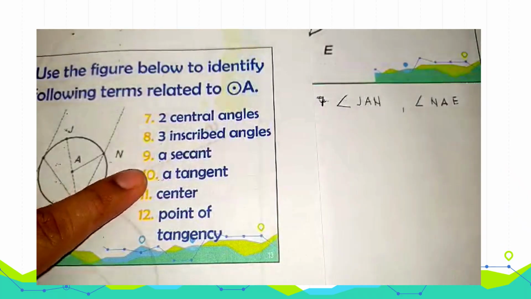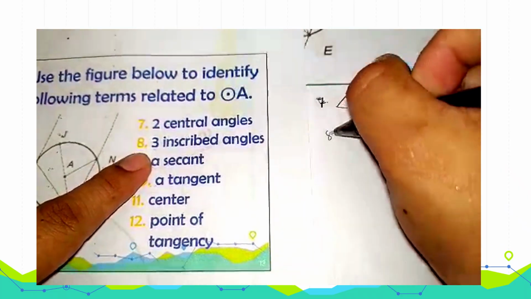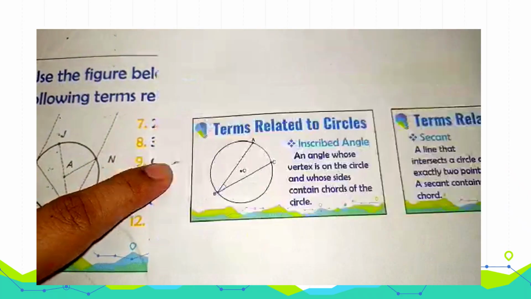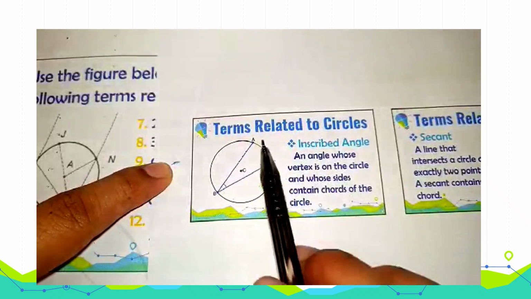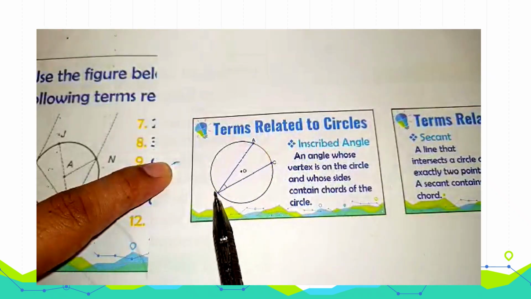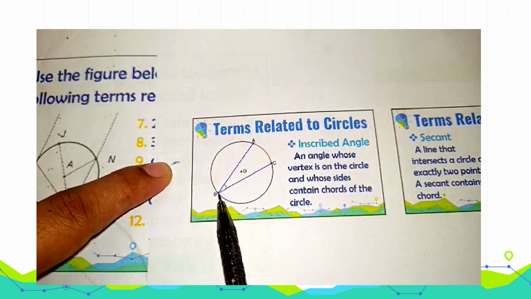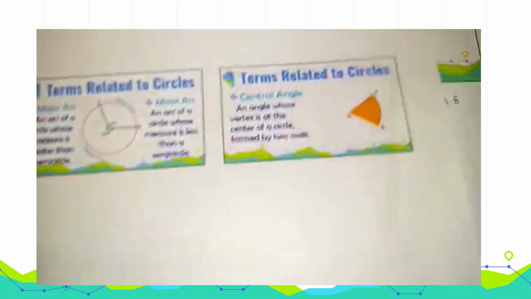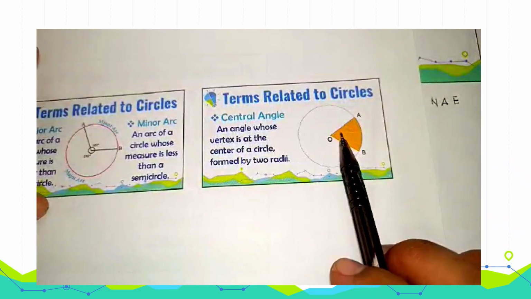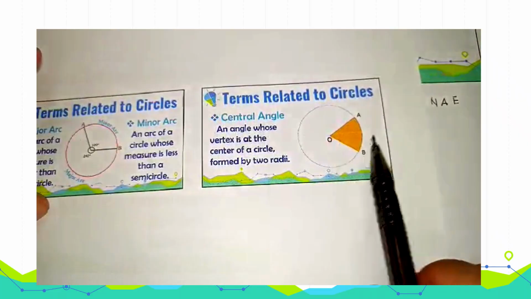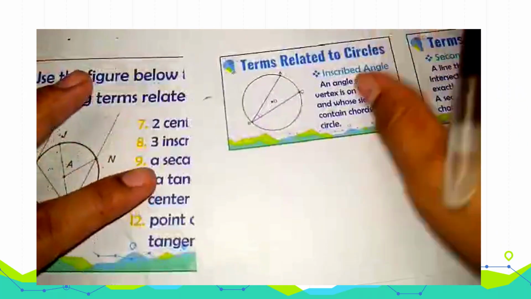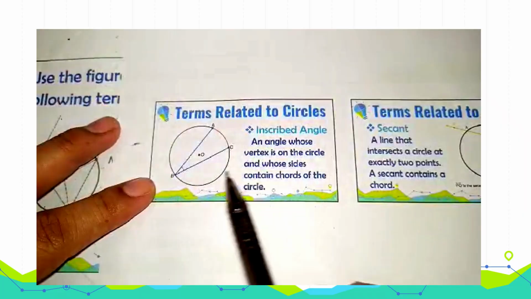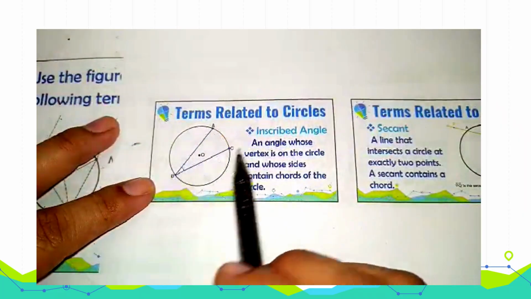Number 8, 3 inscribed angles. Inscribed angles are angles whose vertex is also a point on the circle. And the legs here now are chords. In the central angle, the legs are radii. In the inscribed angle, the legs are chords.